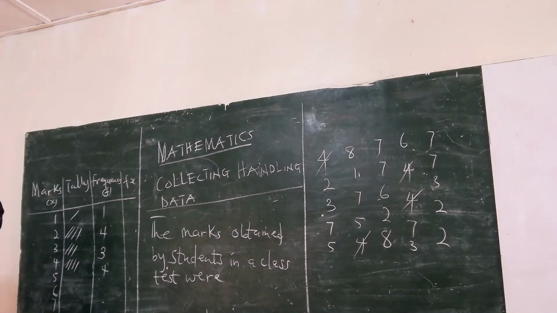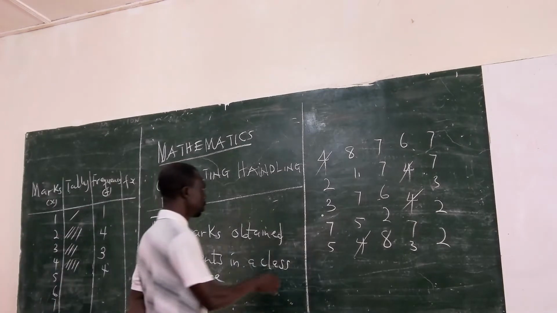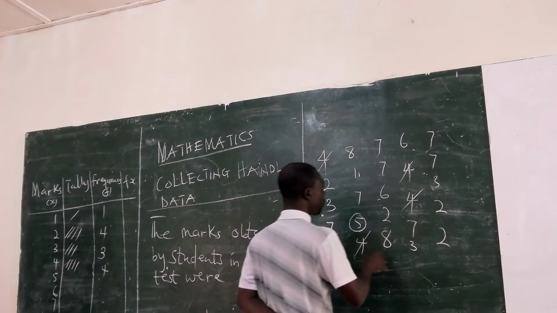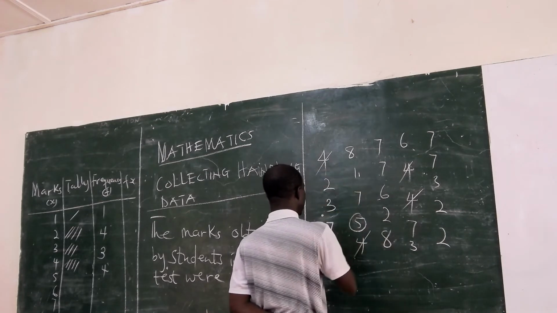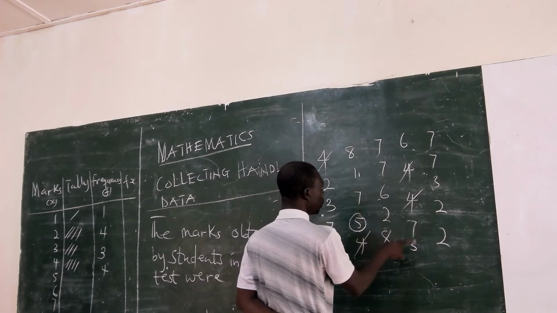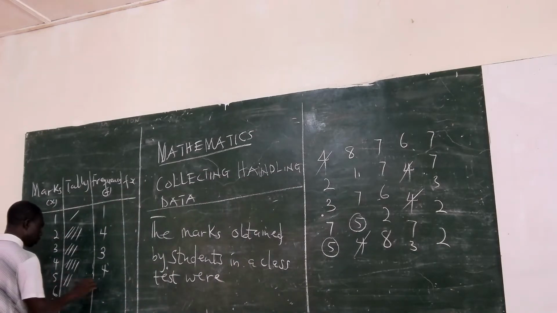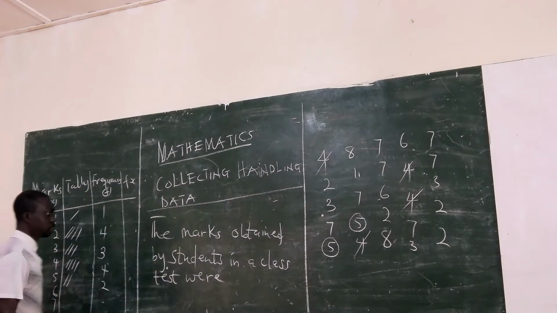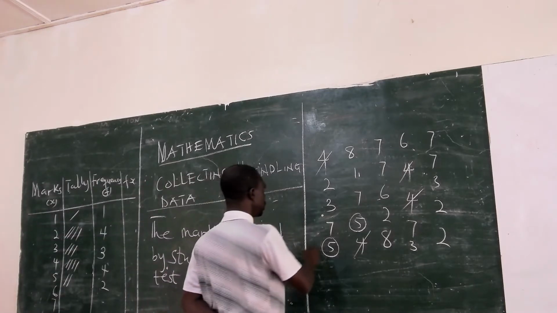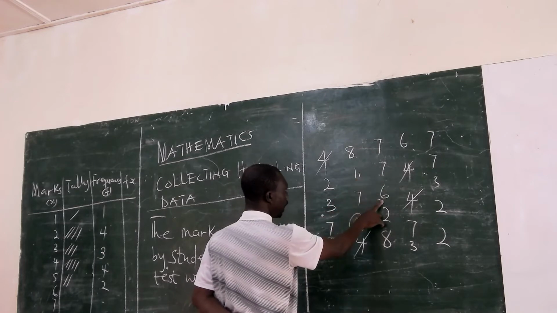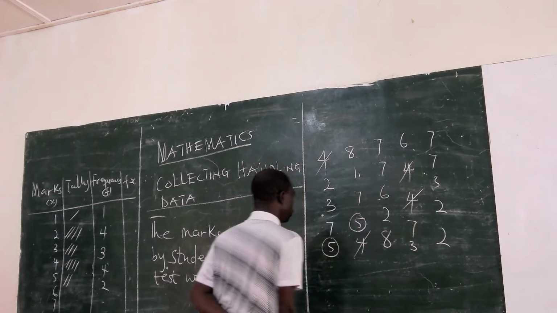And 5: 1, 2. So the 5s are 2. And 6. We check it. How many 6s are there? 1, 2.